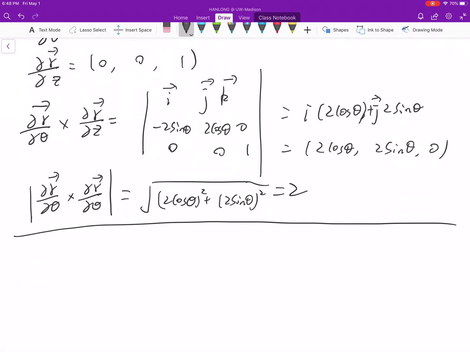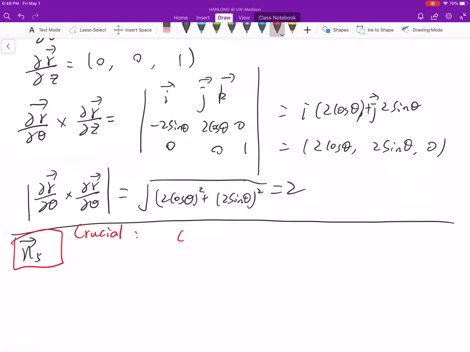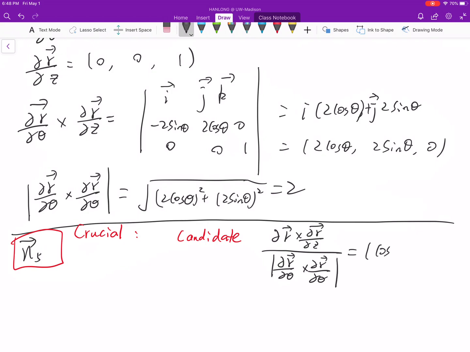Okay, then we need to decide what is N5. This is crucial. From the picture, you know it points outwards, and the candidate we have is the normalized, the unit normal vector here. So if you compute this, you have cosine theta, sine theta, 0.